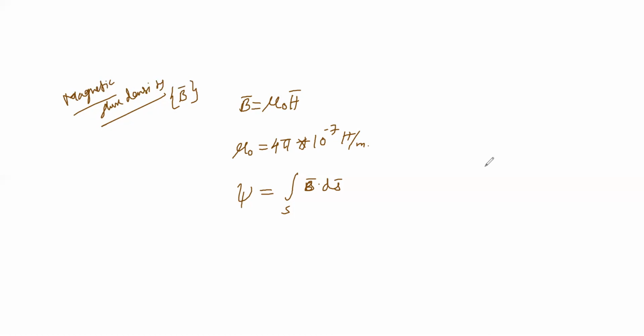If you take an example of the compass, each flux line is always a closed path and has no beginning and no ending.